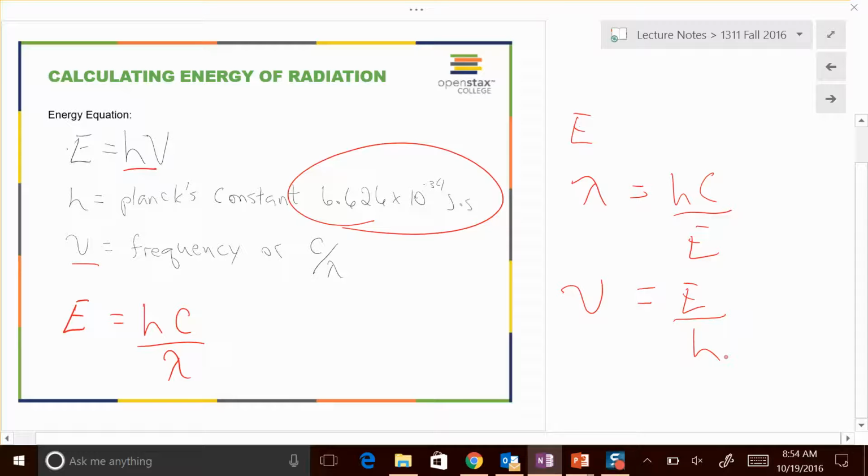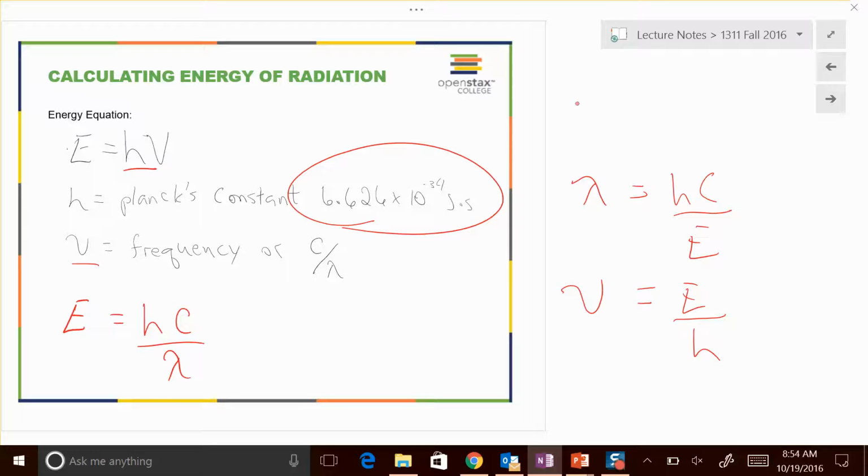Frequency equals E over h. So essentially those are the questions you could be asked. You could calculate those given these constants. Basically simple algebra, using Planck's constant.